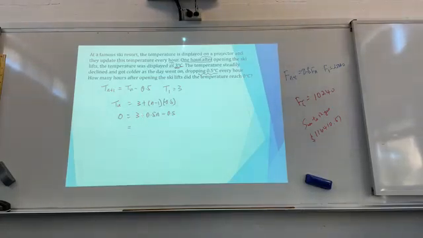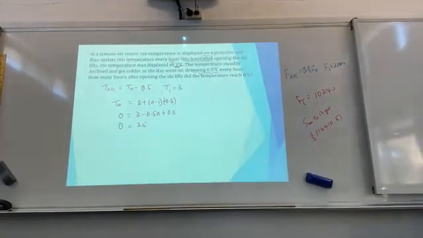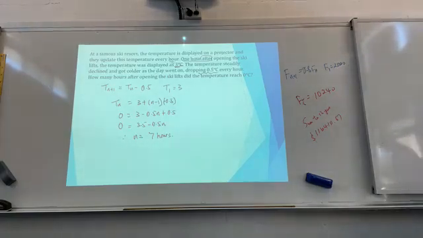So 0 equals 3.5 minus 0.5 n. So n equals 7 hours, after 7 hours. So after the ski lift opens, the temperature reaches 0 degrees. So write down after 7 hours.